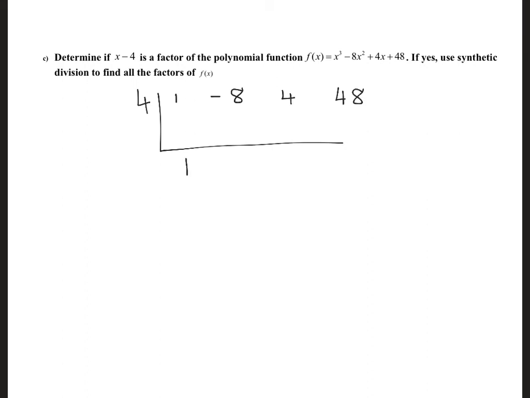So this is 1, 4 times 1 is 4, so negative 4. And that's going to be 4 times negative 4, which is negative 16. So that's going to be negative 12. 48 minus 48, so we get 0. So we know it's a factor. We are told to use synthetic division. We are already using it.